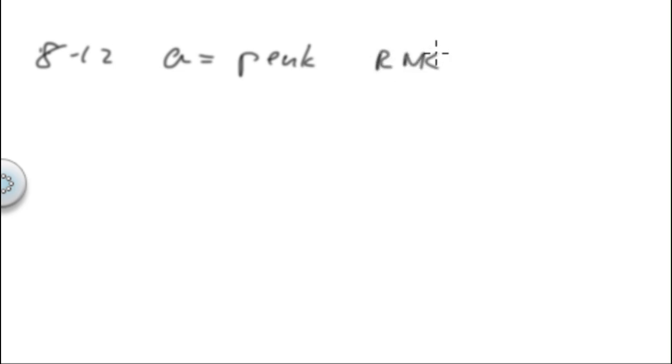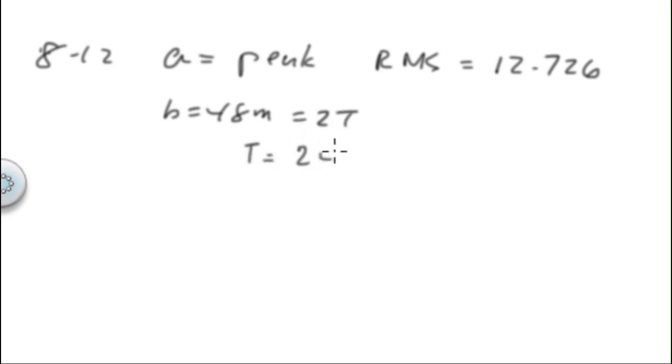RMS is equal to 12.726. B is 2 cycles, so B is 48 milliseconds, which is 2t. So 1t is equal to 24 milliseconds. F is equal to what?